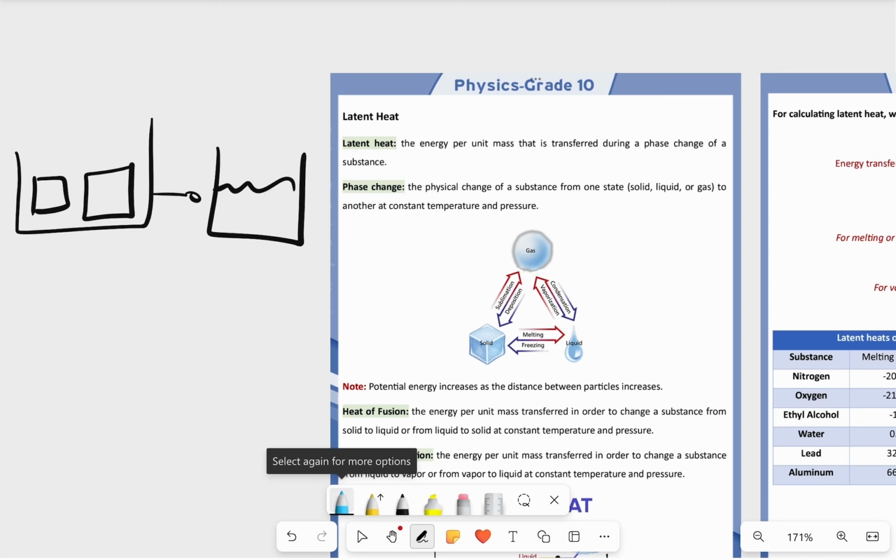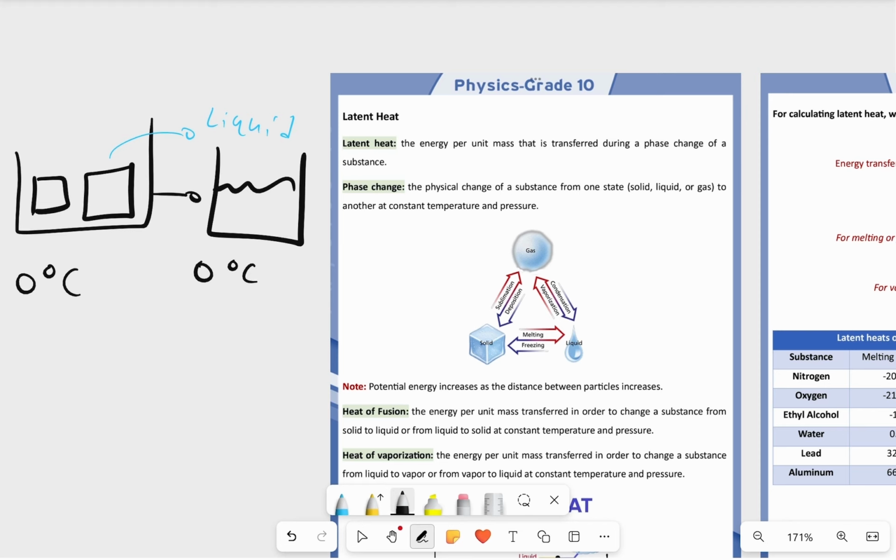When the phase change happens, when you see that the ice is turning into water, this is where both the ice and the water are going to have the same temperature, 0 Celsius, and water also will be having 0 Celsius.